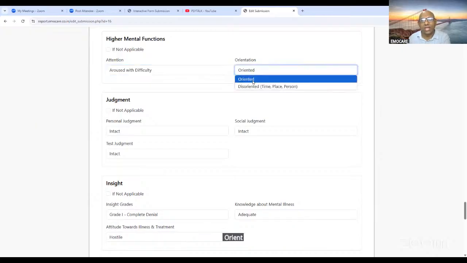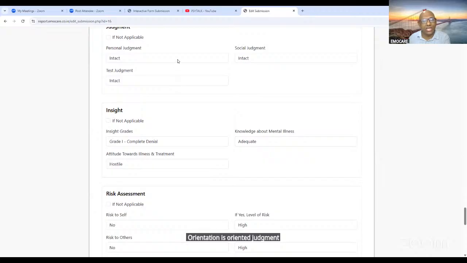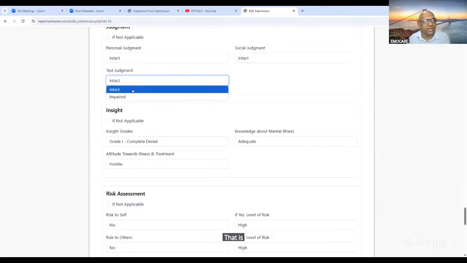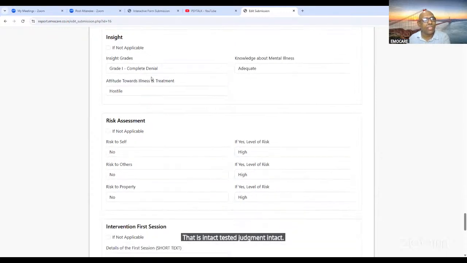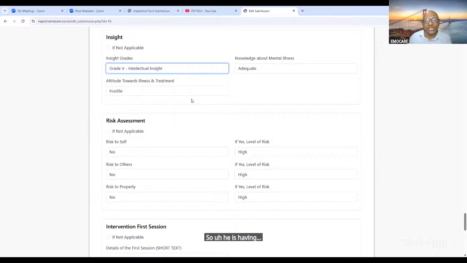Orientation, he is oriented. Judgment, personal judgment intact, social judgment intact, test judgment intact. Insight, actually he is aware that what he has done is wrong. So he is having intellectual insight that what he has done is wrong.